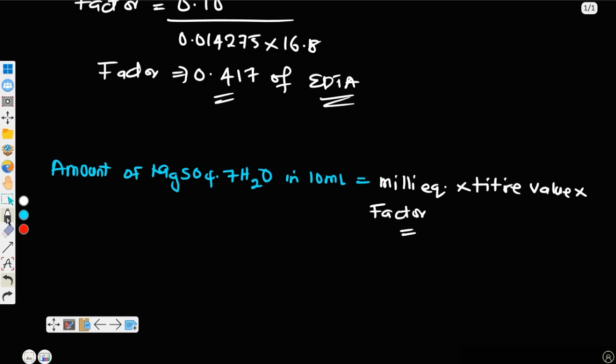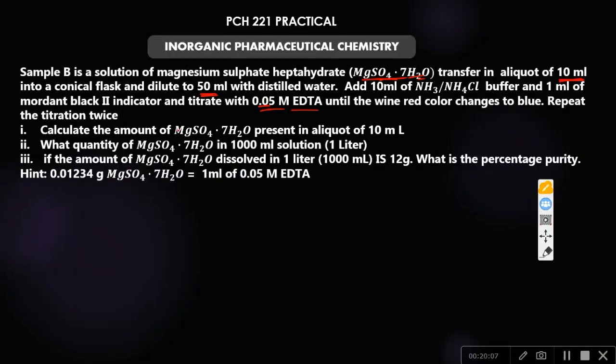Now from this experiment, let us assume, it's an assumption, that does not mean that's what you are going to get. Let's assume your titer value, the one you got from the experiment, is 8 mil. We are just assuming because you are going to titrate. Is that okay? What you are going to do is titrate with EDTA.